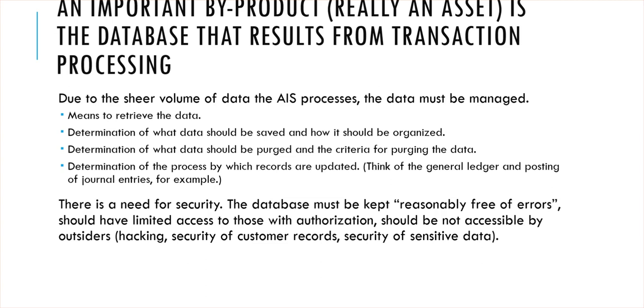The schemata has to do with the viewpoint of the particular person who is using the AIS. So we limit what any one individual sees, and this is a part of security, as well as a part of security that says this is our proprietary information. We are not letting it out to outsiders, and we would call that hacking and the security of customer records and sensitive data.